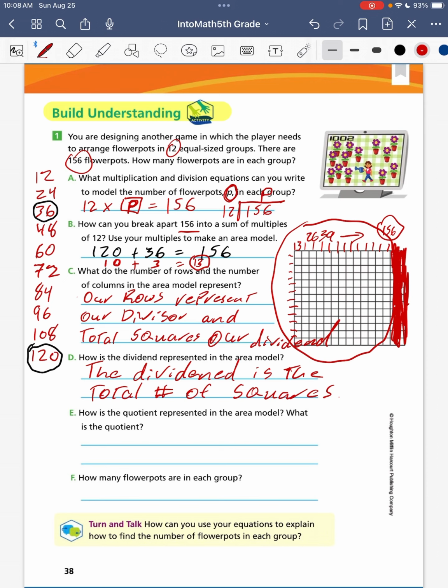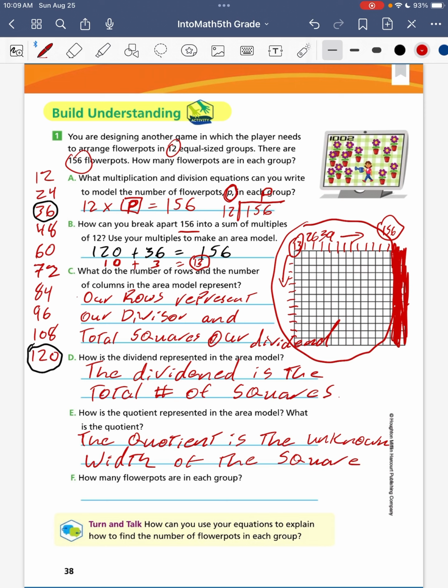Our quotient is represented by the unknown left-hand side. The quotient is the unknown width of the square.